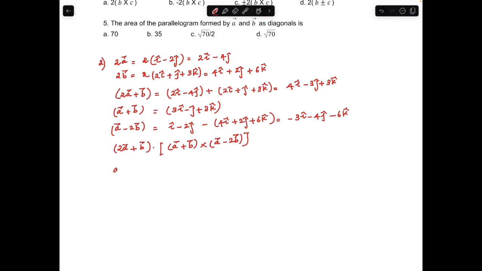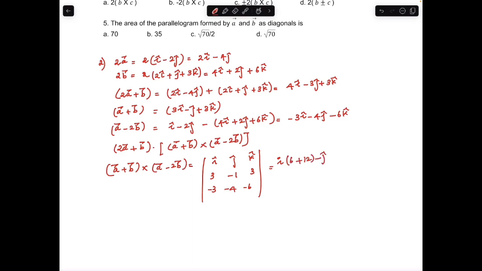So cross product of A plus B and A minus 2B is equal to, so let's write those components under IJK, which gives us I times 6 plus 12 minus J times minus 18 plus 9 plus K times minus 12 minus 3, that is 18I plus 9J minus 15K.